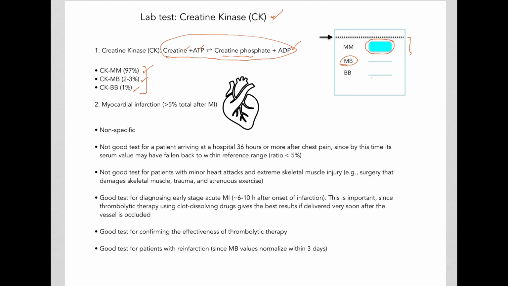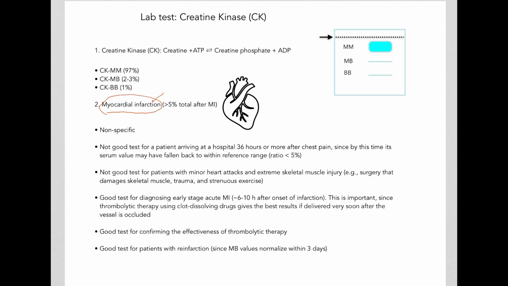So normal creatine kinase electrophoresis would look something like this: a huge band for MM and very, very minor bands for MB and BB. The main use for creatine kinase isoenzyme clinically is again in myocardial infarction or heart attacks.